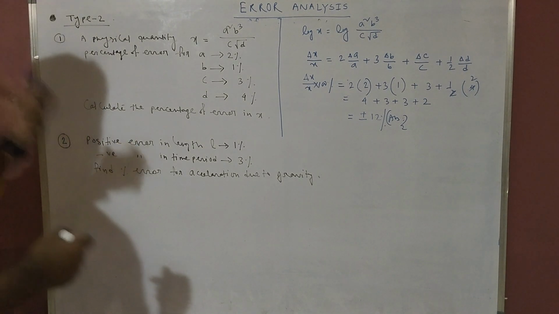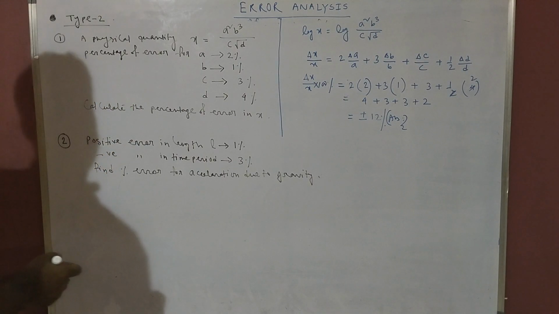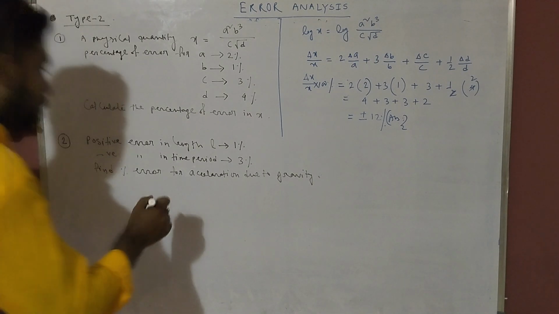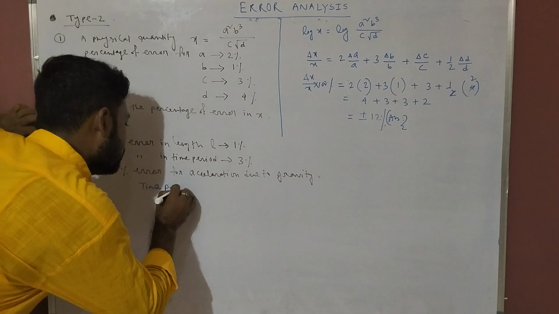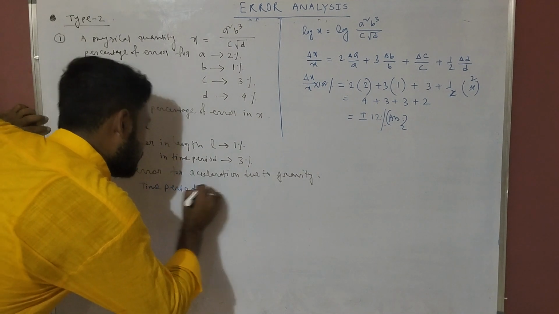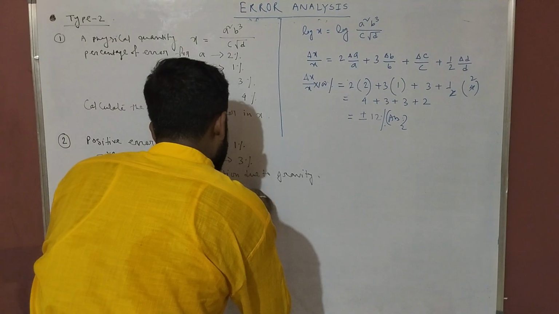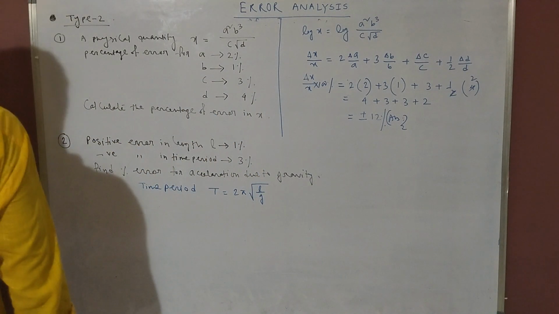So at first I have to know the mathematical formula of time period. We know time period T is equal to 2 pi root over of L by G. Understood or not?